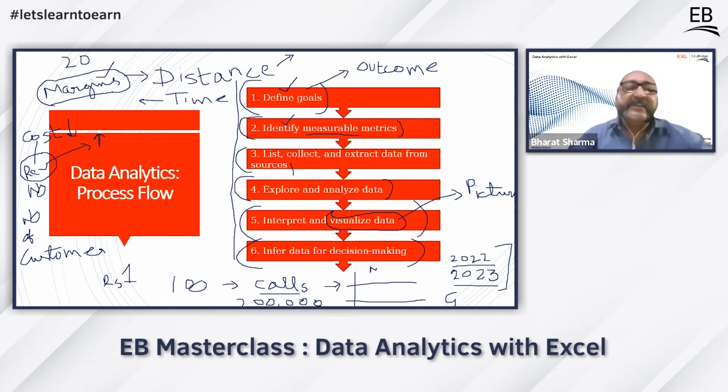But in order to maintain these 100 people, a facility and all the related things for them, I'm spending 75 paise out of it. My margin that remains is only 25 paise. All right. Now I want this margin to increase, which means either I increase this or I reduce this.